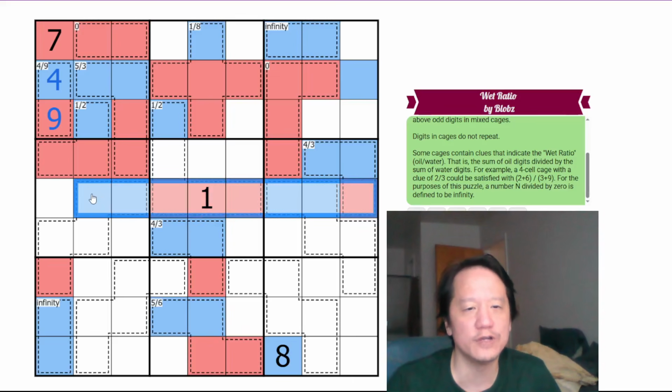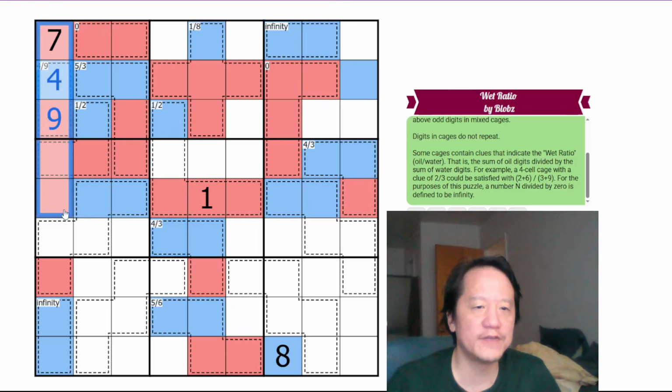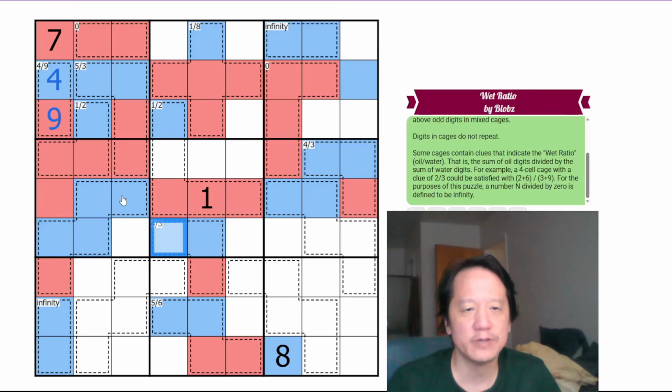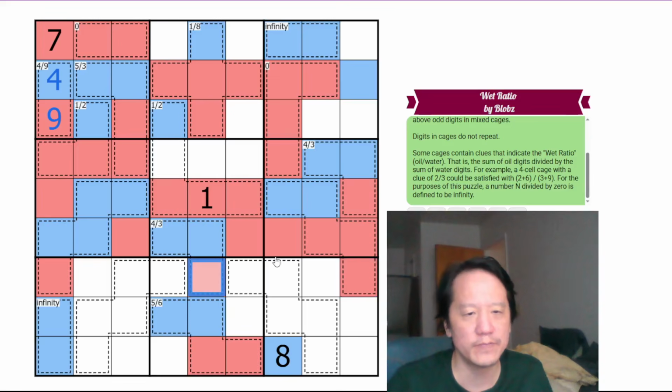That gives us 4 evens in row 5, so this can't be even, it's odd. We have 5 odds in column 1. So this cannot be odd here. That's even, which means both of these are even because of the way that the cages work. We have 4 evens in row 6, so the rest must be odd. So since this is odd, this must be odd there.